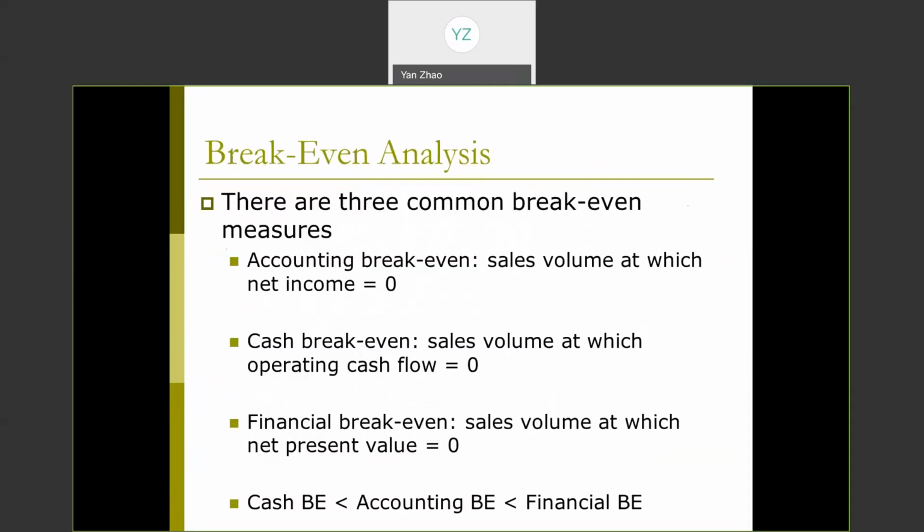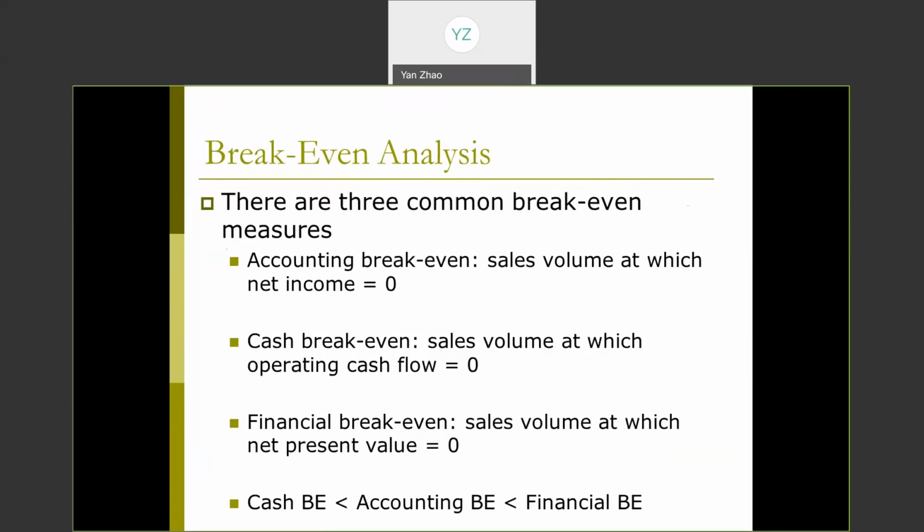Okay. So finally, we have the break-even analysis. There are 3 common break-even measures. First one is called accounting break-even, the sales volume at which net income equals 0. So here the break-even numbers, we are calculating the sales break-even numbers. Okay? So the cash break-even numbers are the sales numbers at which operating cash flow equals 0.